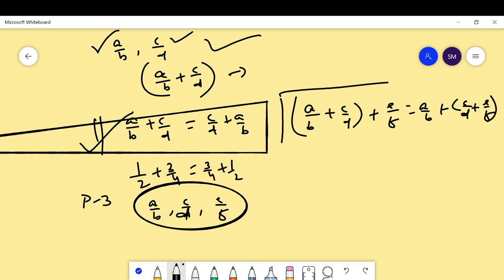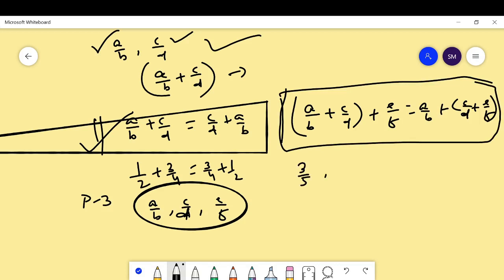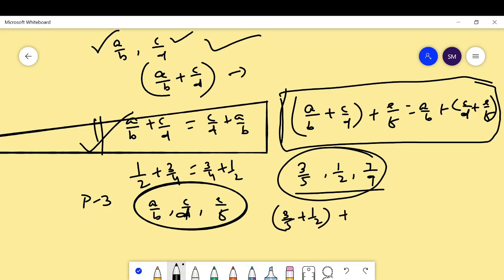This shows that the addition satisfies the associative property. Suppose 3 by 5, 1 by 2, 7 upon 9, all three are rational numbers. Then 3 by 5 plus 1 by 2, plus 7 upon 9 is equal to 3 upon 5 plus 1 upon 2 plus 7 upon 9. This shows that the addition satisfies the associative property.